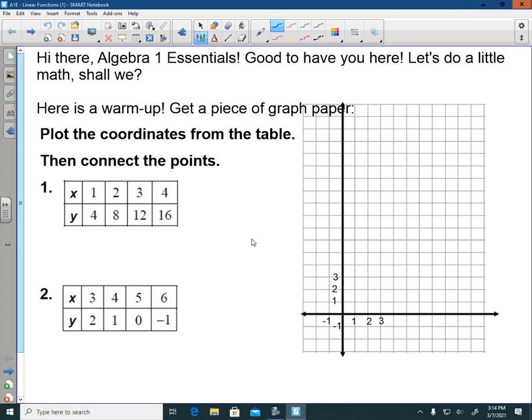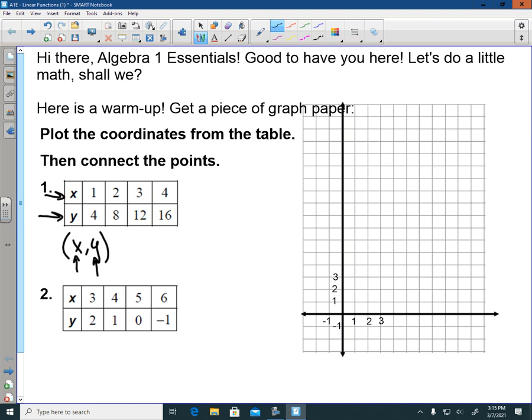But what I wanted you to be reminded of in this warm-up is that all of these things, graphs, points, functions, are related. So when I say plot coordinates from the table, notice that there are x values and there are y values. Hopefully this is kind of familiar: when you have an x and a y, you can plot that point on a graph, because you go a certain amount left and right, and then a certain amount up and down, and make a dot, and there you go.